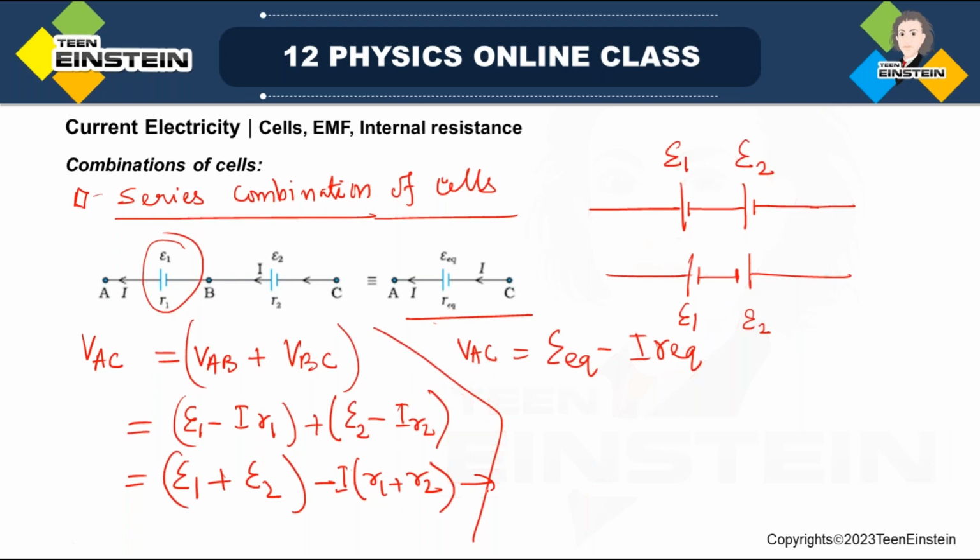If we compare this equation and this equation, comparing equations 1 and 2, we get the equivalent EMF of the batteries in series and the internal resistance also.